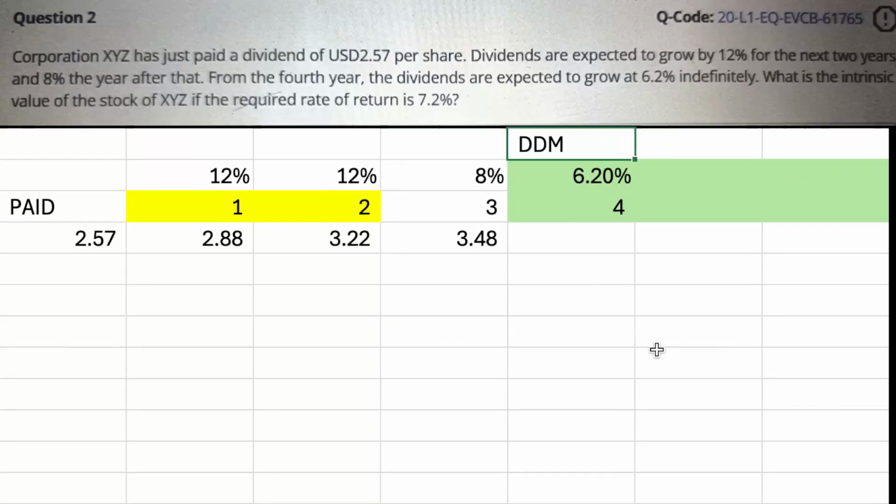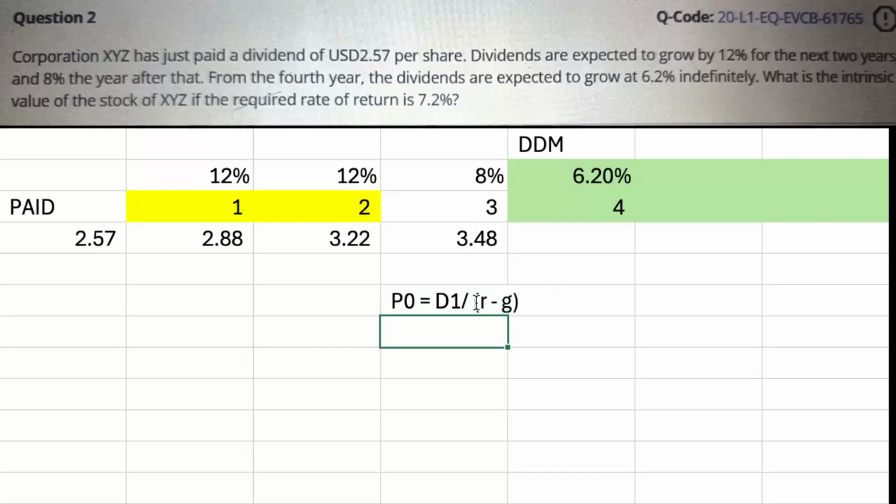So remember the formula for DDM: if you use the year 4 dividend, you're going to get the price or the value of the share as at year 3, because the dividend growth model always has a 1 year lag. We always say that P0 is equal to D1 divided by the required rate of return minus the growth.